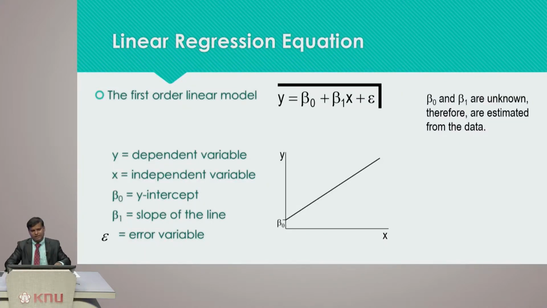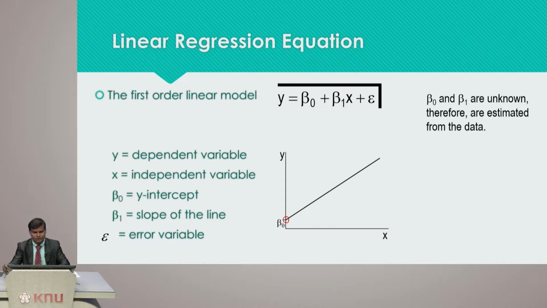Here is the basic linear regression equation that we have in hand. This is the first order linear model equation. It's a simple linear regression model where y equals beta naught plus beta 1 x plus the error factor, where beta naught is the y-intercept, as you can see here. Beta naught is the y-intercept, and beta 1 is the slope of the line.